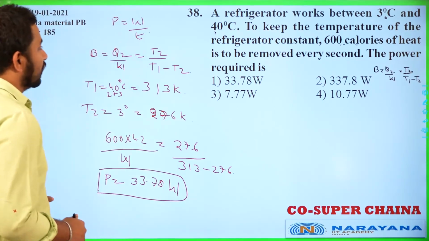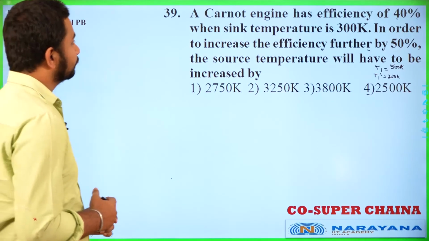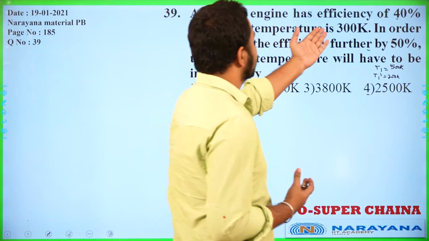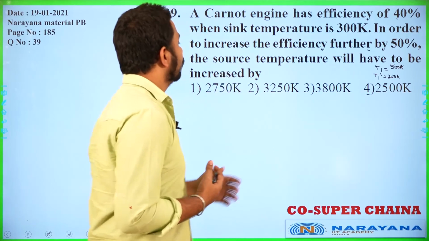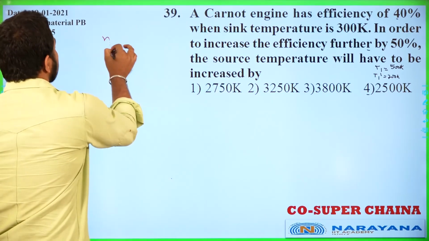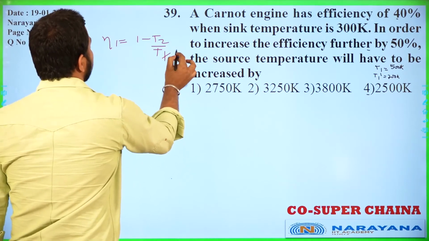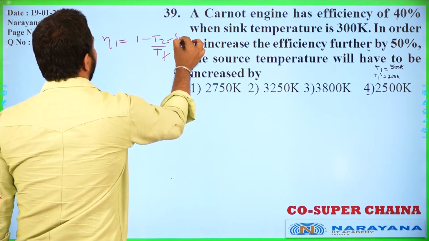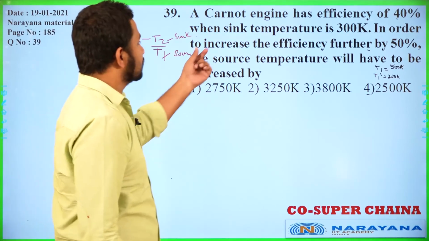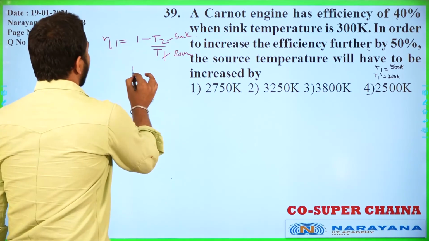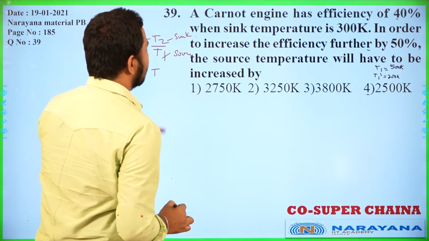So let's proceed to the next question now, student. A Carnot engine has an efficiency of 40% when the sink temperature is given here. The efficiency formula we know is 1 minus T2 by T1, where T1 is the source and T2 is the sink. So here the sink temperature is given as 300.